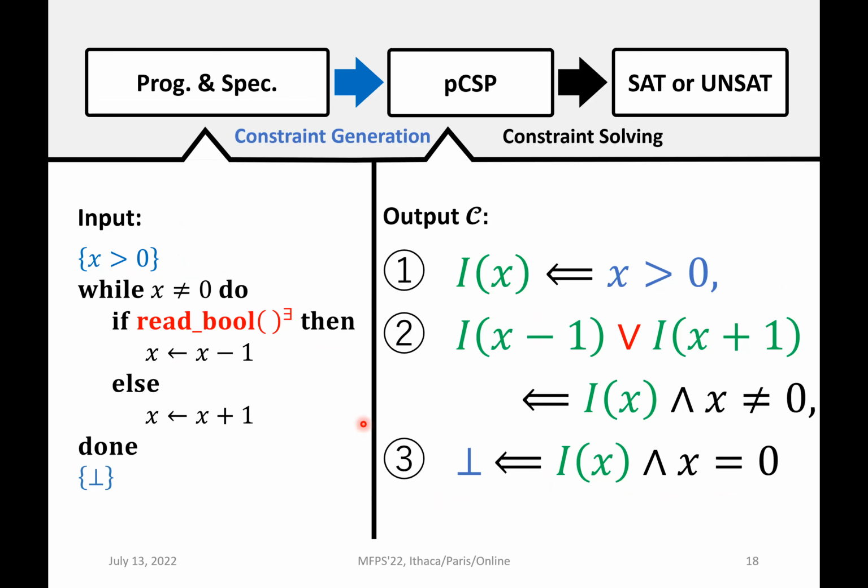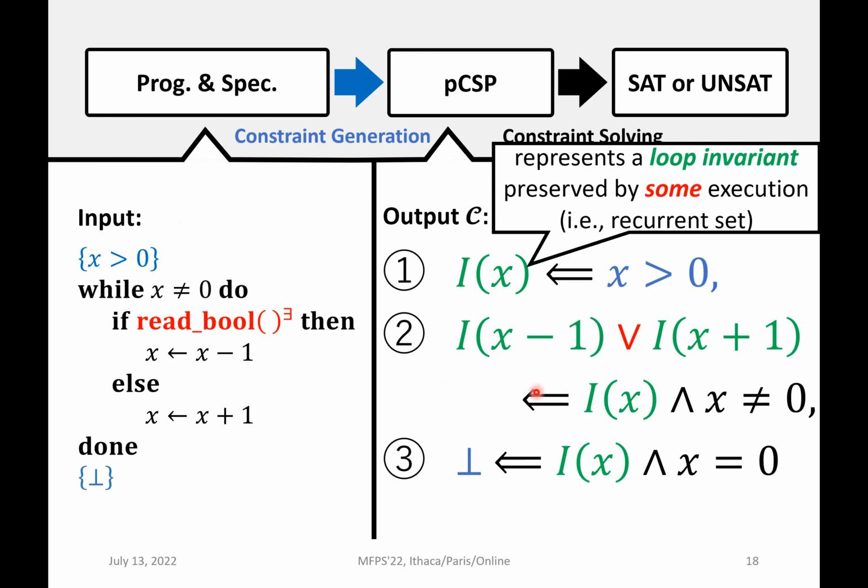This problem can be reduced to a constraint solving problem. The set of constraints consists of these three clauses. The first one is obtained from the precondition. The third one is obtained from the postcondition. And please note that I represents a loop invariant preserved not by all executions, but by some execution.